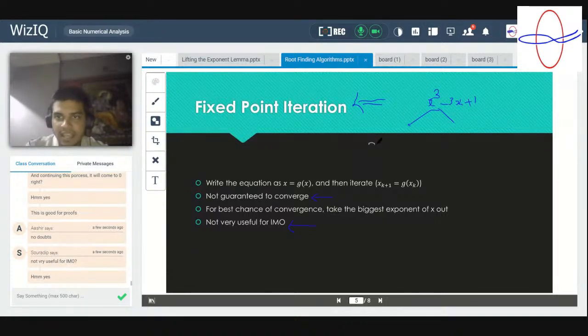One way is x is equal to x cube plus 1 upon 3. I'm trying to find the root of this equal to 0. And the other way is to write x as the cube root of 3x minus 1, right?